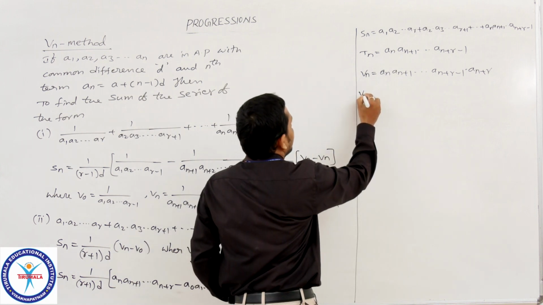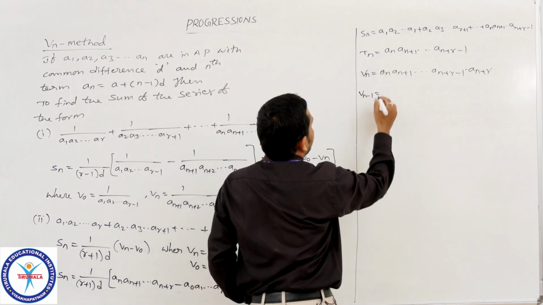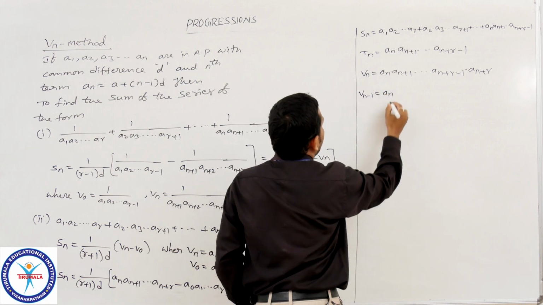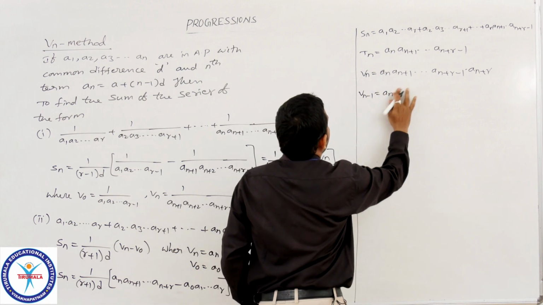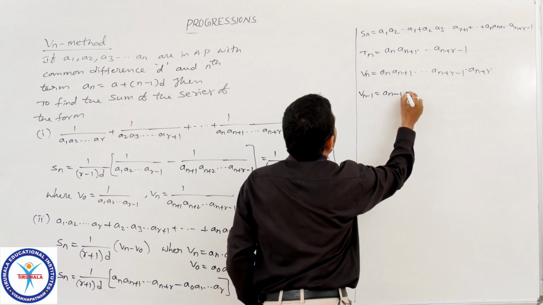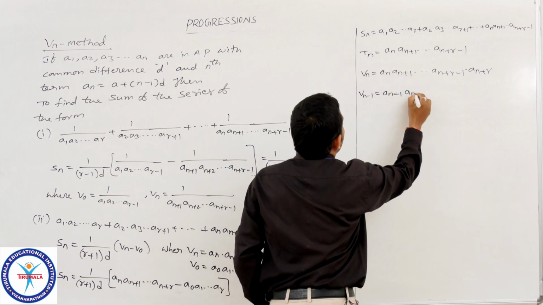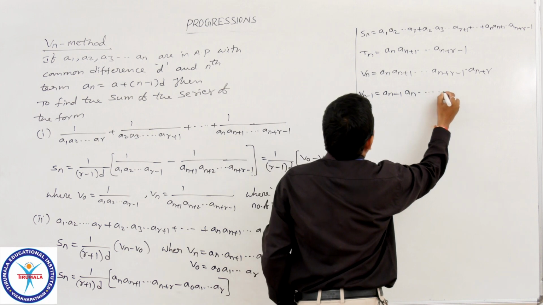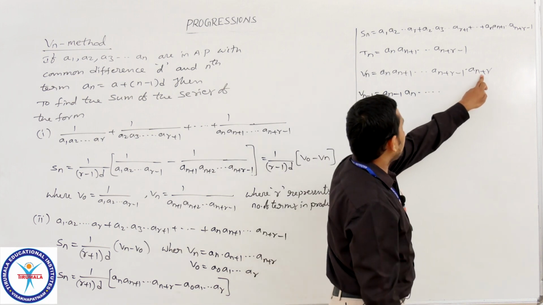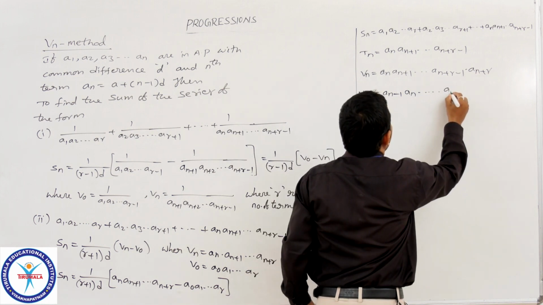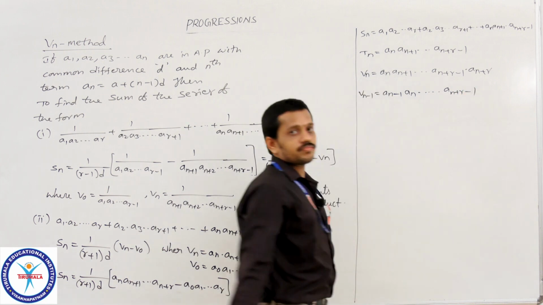Then we will take Vn minus 1. Replace n by n minus 1: an minus 1, an minus 1 plus 1, an and so on, an minus 1 plus r, an plus r minus 1.